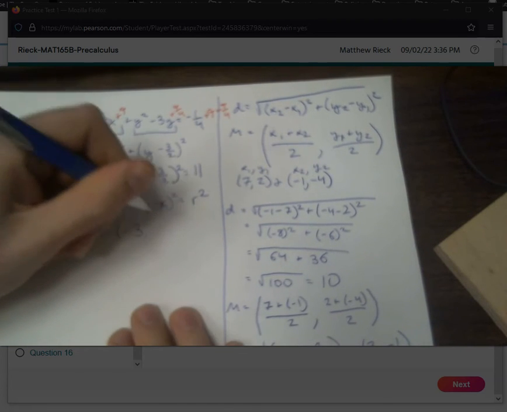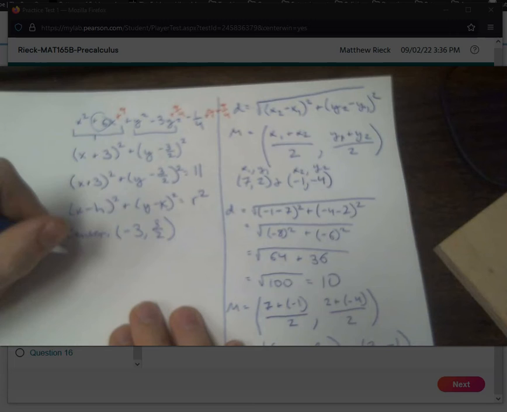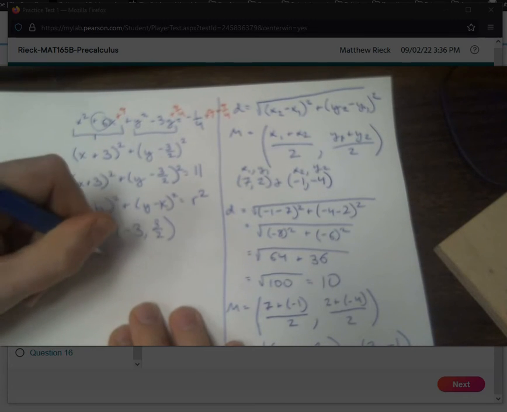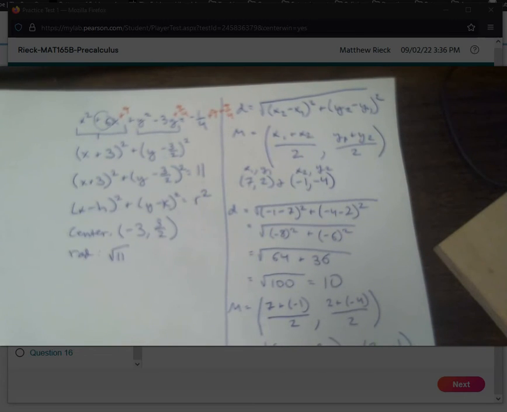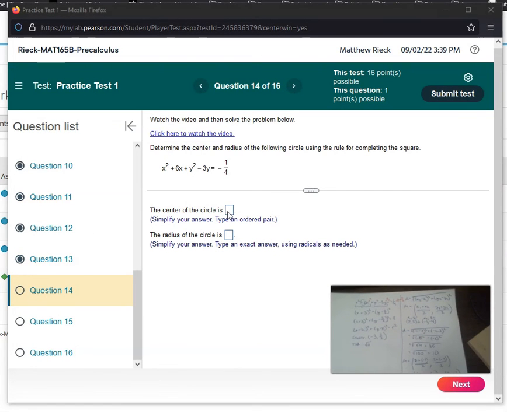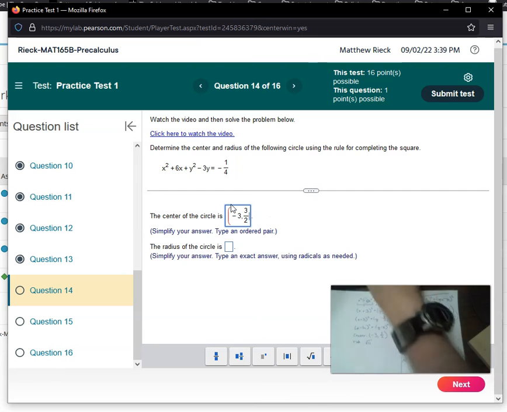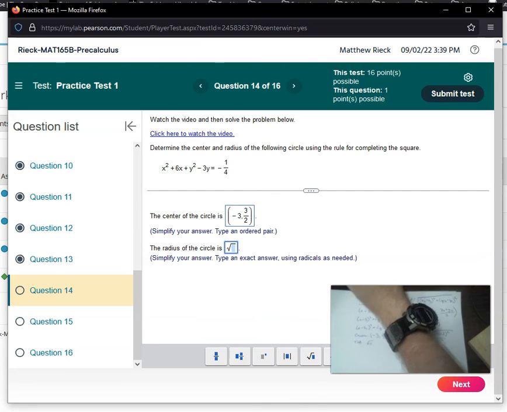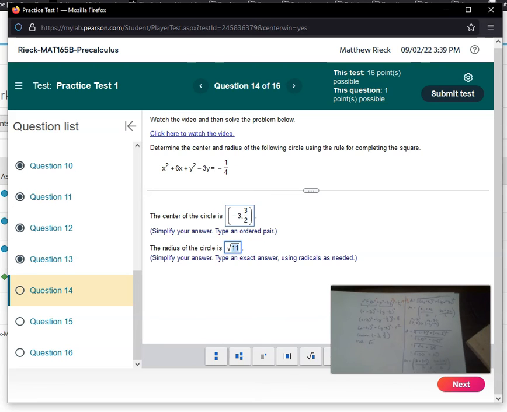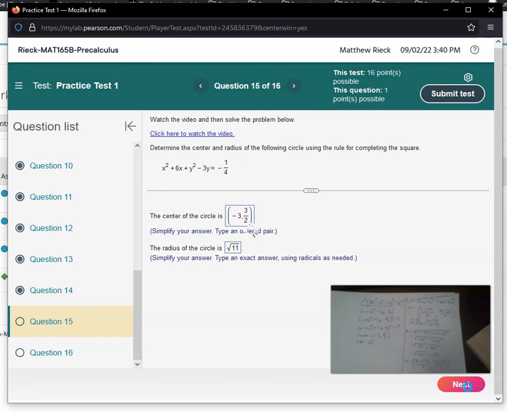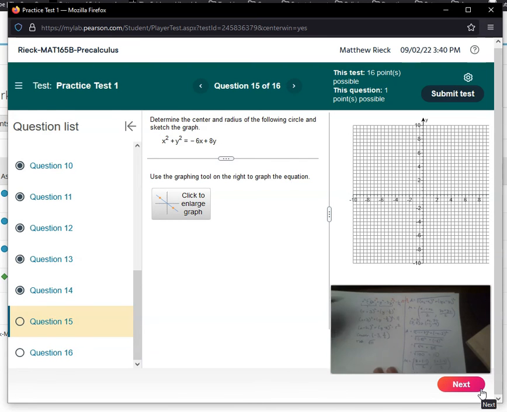So you have negative 3 over 2, and your radius is going to be the square root of 11.